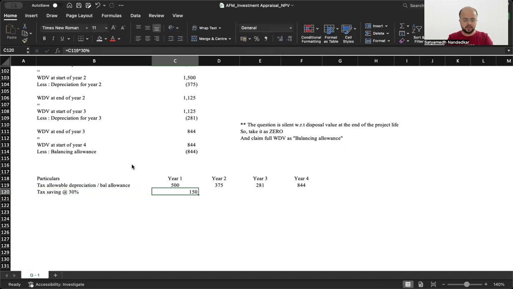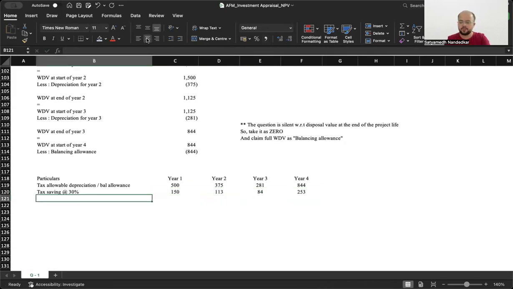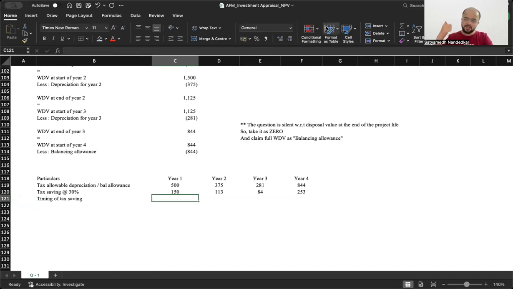This into 30%. One more thing that I have to write is the timing of tax saving. Now, because tax is in arrears, this depreciation is debited to P&L of year 1, tax saving will happen in year 2. This depreciation is debited to P&L of year 2, tax saving will happen in year 3, year 4, and year 5.